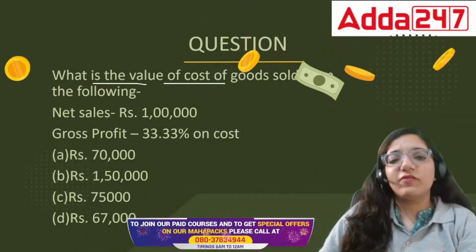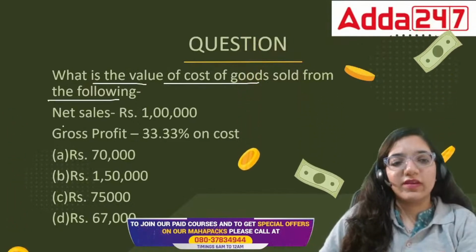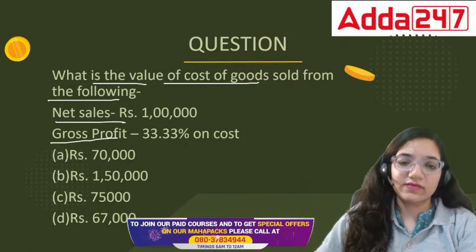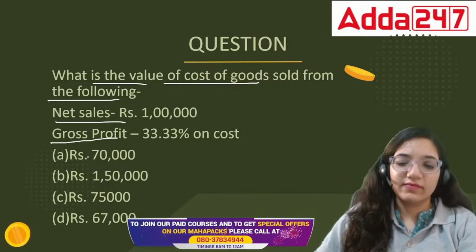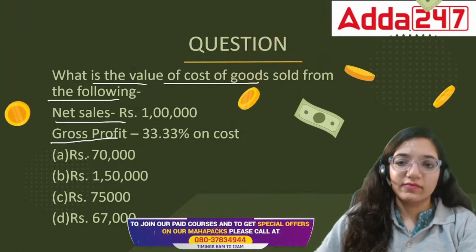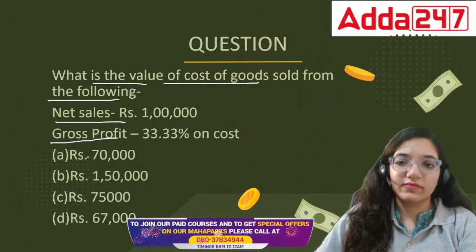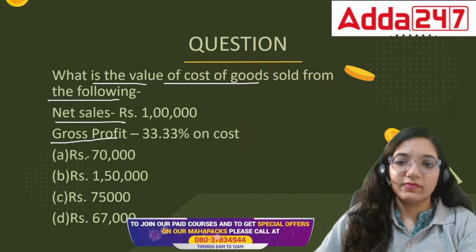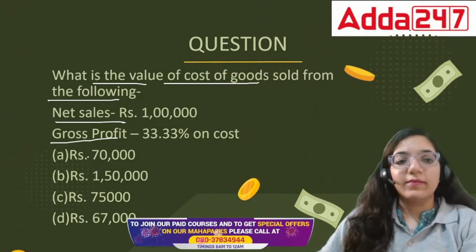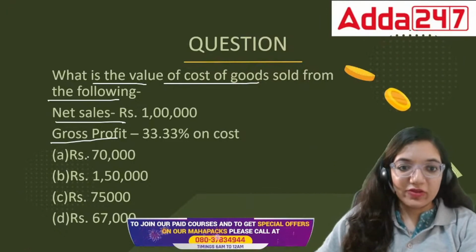What is the value of cost of goods sold from the following? Net sales, GP, what would be the answer? Okay, let me discuss a very interesting trick with you.